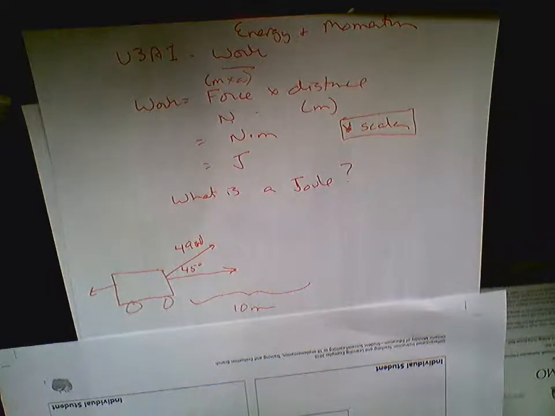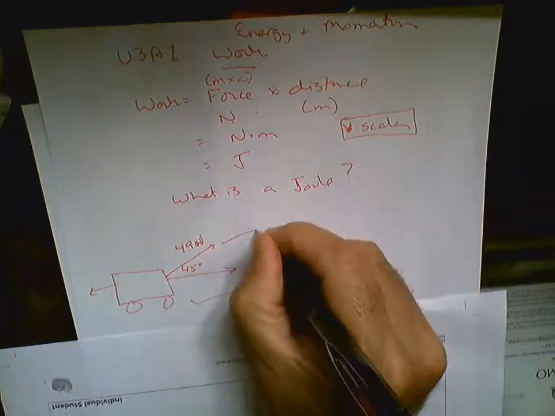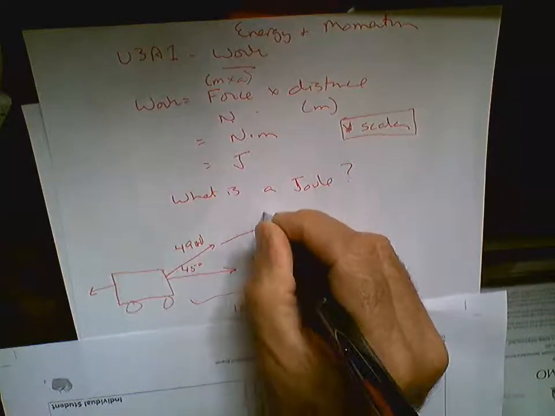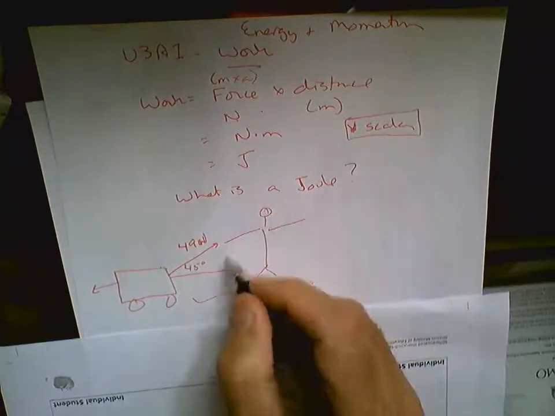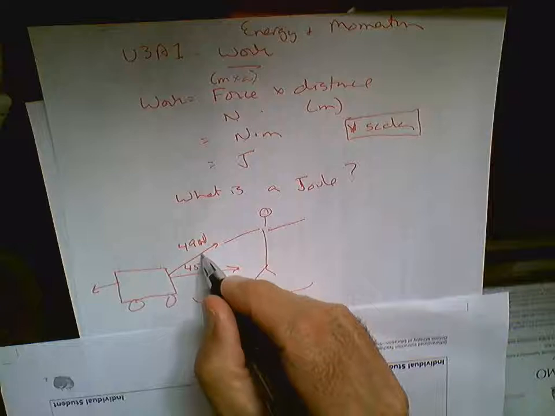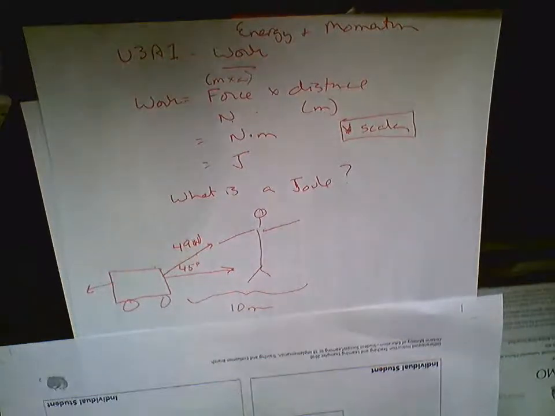Remember, when we're doing work problems, direction's important, so we have to be able to work this into our equation. So if you're standing there and you're pulling a cart at an angle of 45 degrees, not all of that force is being put in the direction you're going in.